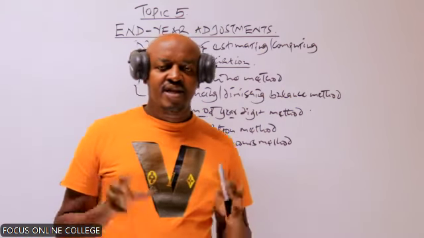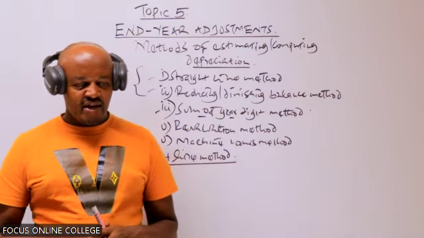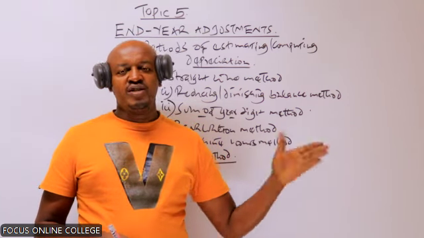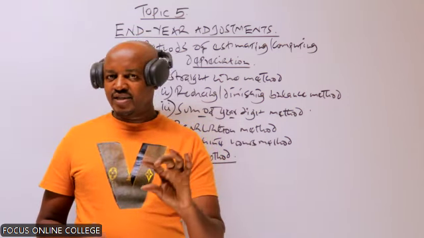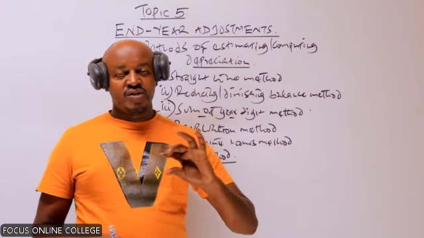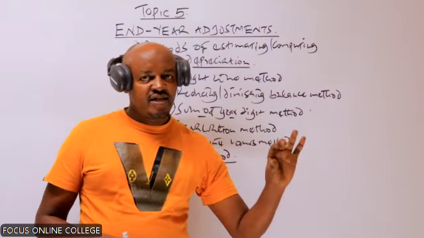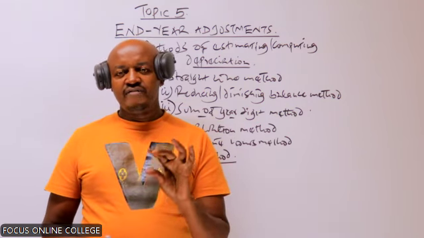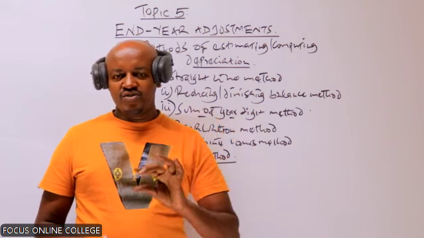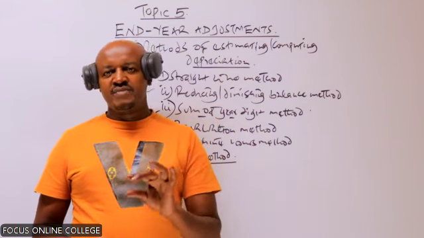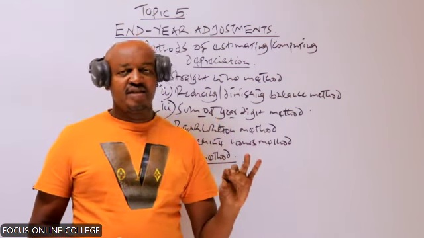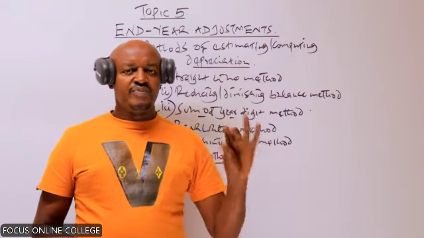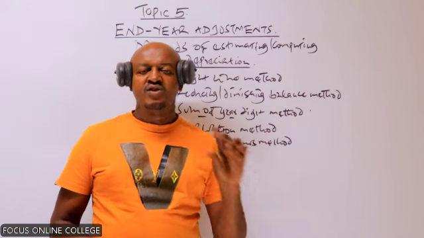An asset is assumed to lose value uniformly throughout its useful life. If you buy an asset and estimate that you're going to use it for the next 10 years, this asset loses value uniformly. So depreciation for year 1, year 2, year 3 up to year 10 will be the same.